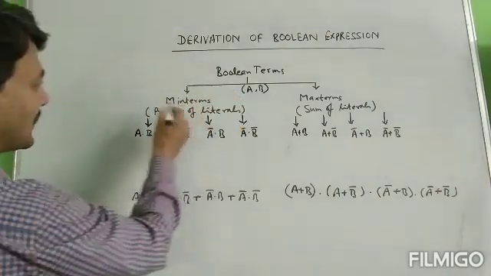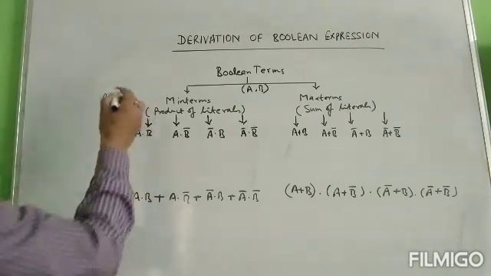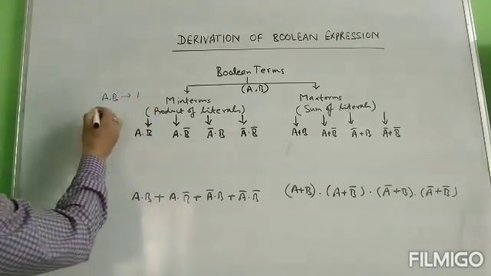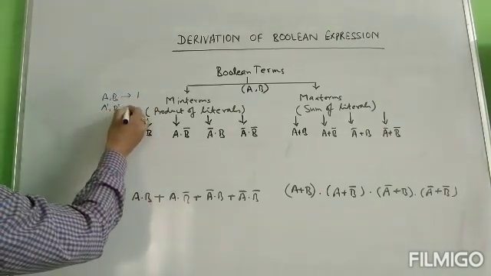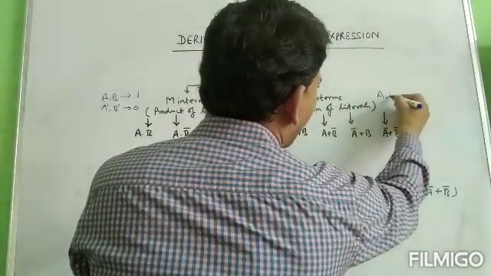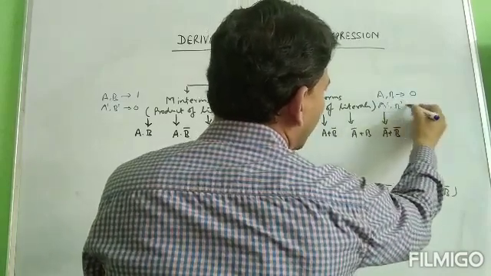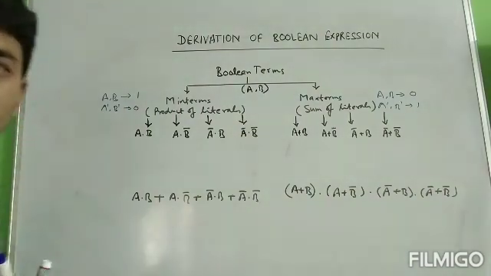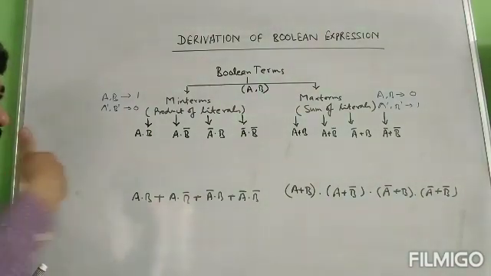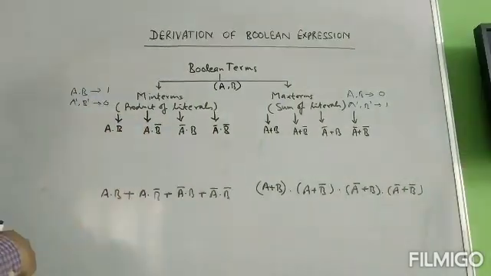Remember, for minterms, uncomplemented terms like A and B are replaced with 1 and complemented terms with 0. For maxterms it is the opposite: A and B are represented with 0 and complemented terms with 1. There is another method, but let's understand the first one.